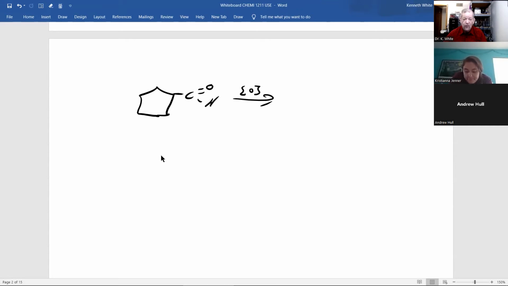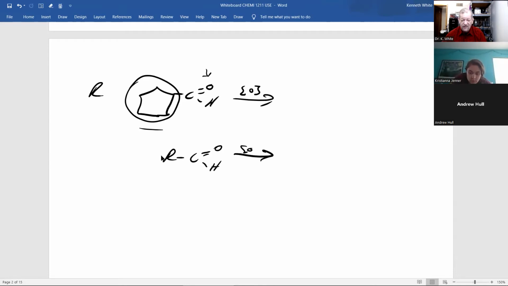What's different? Ooh, oxygen. Remember, what's not carbon, what's not hydrogen. Get your attention like that. And we've got carbon, double bonded to oxygen, hydrogen. And then we've got this ring, but that's just carbons and hydrogens, so I'll call that R. When I oxidize this aldehyde, I'll get a carboxylic acid.